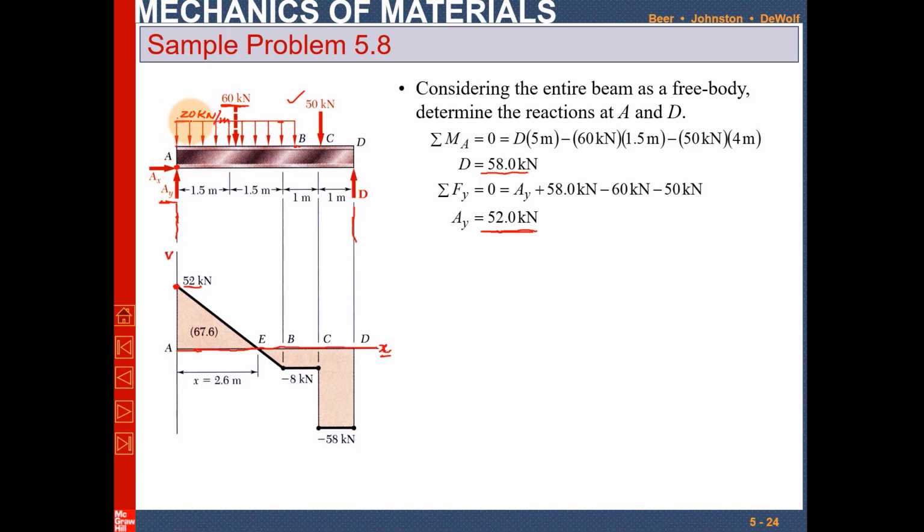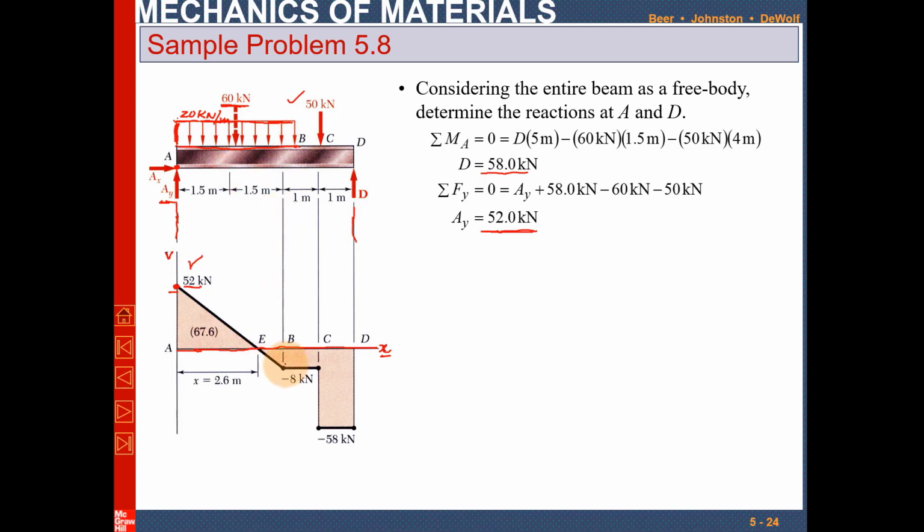So the area under this curve is the shear force. This is 20 kilonewton per meter on the vertical, and this is the total length, so this is 60.